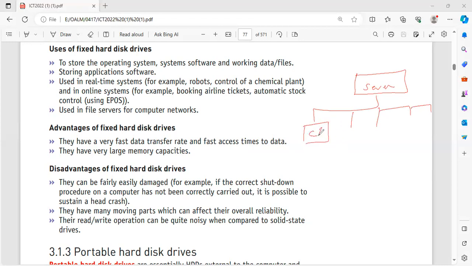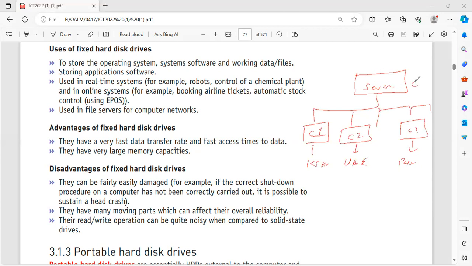You are living in Saudi Arabia. There is another client living in UAE, and a third client living in Pakistan. So how are they connected with each other? They are all connected with the server.